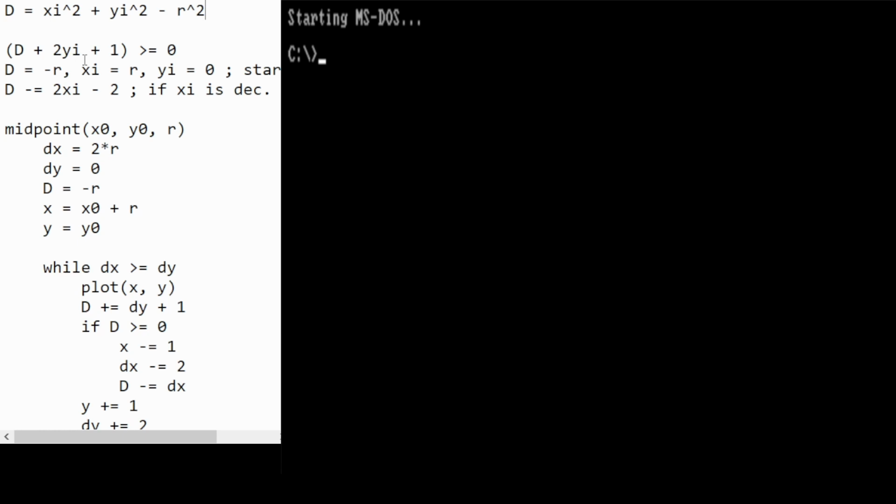Basically it doesn't matter which pixel we choose, we have to increase yi by 1. So obviously yi will go up by 1 here, but d will also change. This yi will go up by 1, and if I plug in yi plus 1 here and expand out this square, then d will go up by 2yi plus 1.